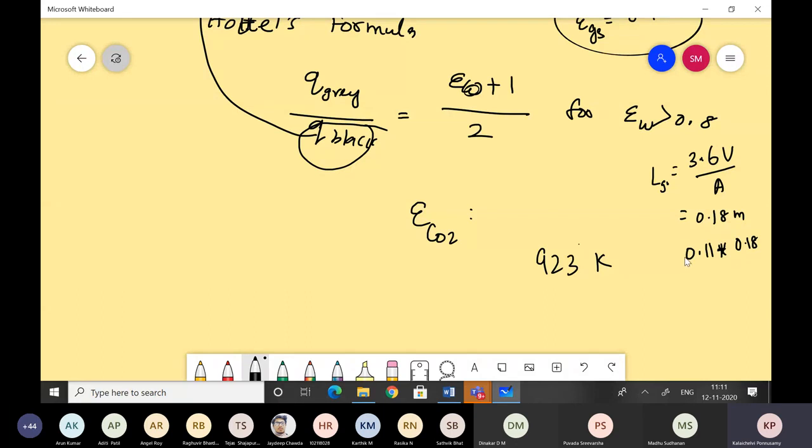So I did mole fraction into total pressure. Okay, then how much does it come to? I got partial pressure as 0.511. Can't you take the pressure fraction as a mole fraction?